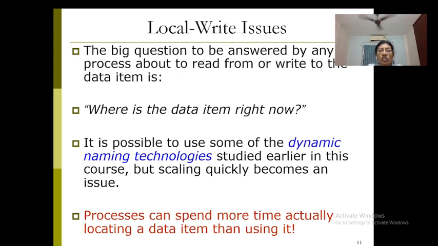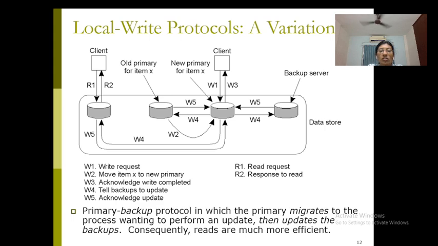Then local write issues. The big question to be answered by any process about to read from or write to the data item is, where is the data item right now? It is possible to use some of the dynamic naming technologies studied earlier in this course, but scaling quickly becomes an issue. Processes can spend more time actually locating a data item than using it.